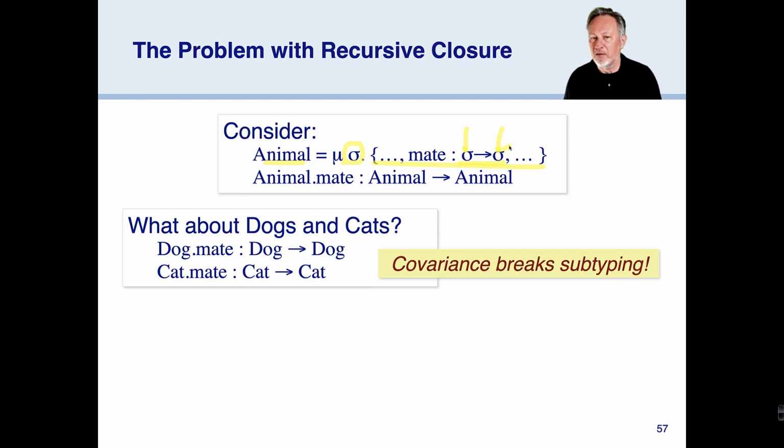So the type of animal.mate is going to be from animal to animal. But now, what about dogs and cats? We want dogs only to mate with dogs and cats only to mate with cats, right? So this is the covariance rule, but that's not what subtyping would give us. We saw that covariance is problematic.